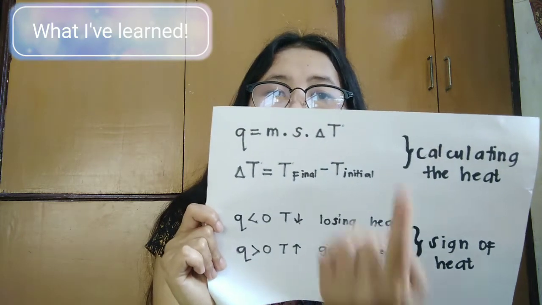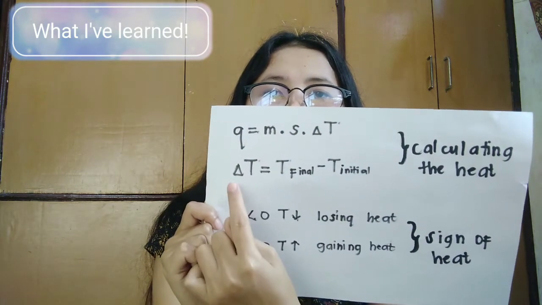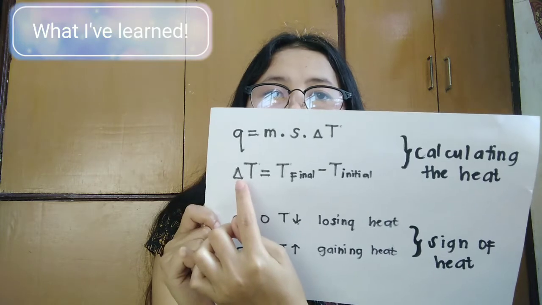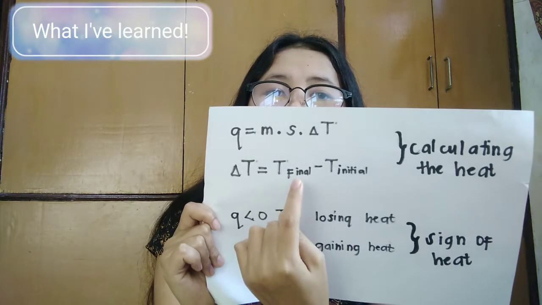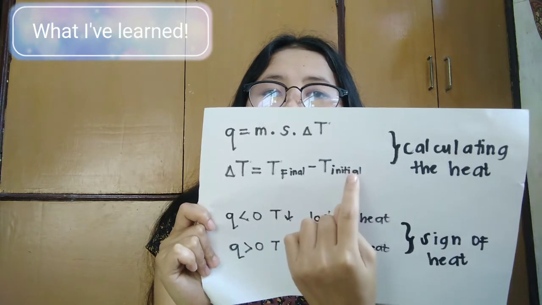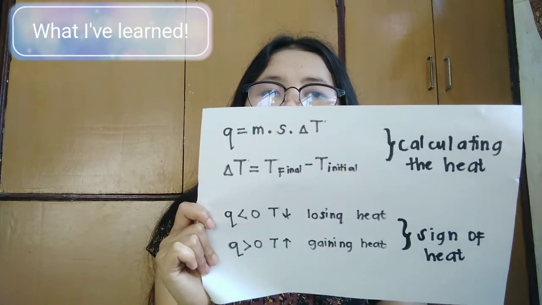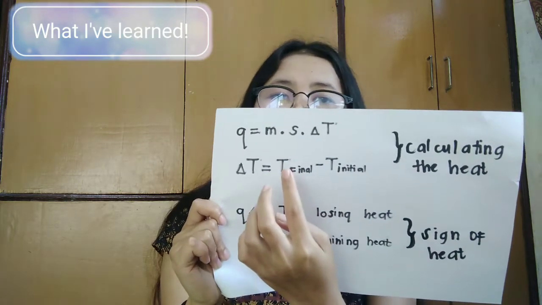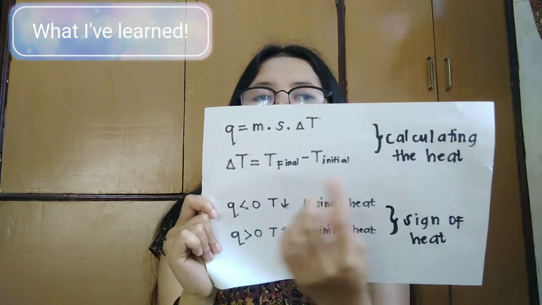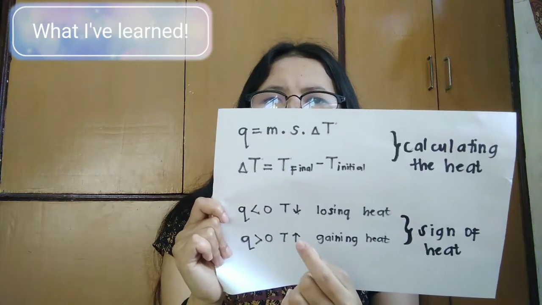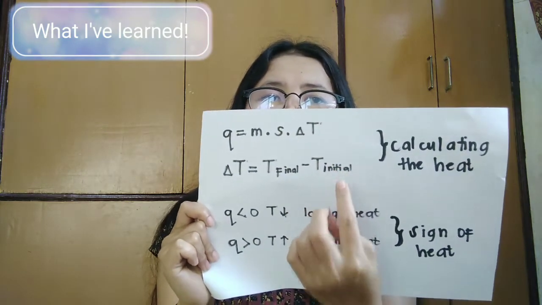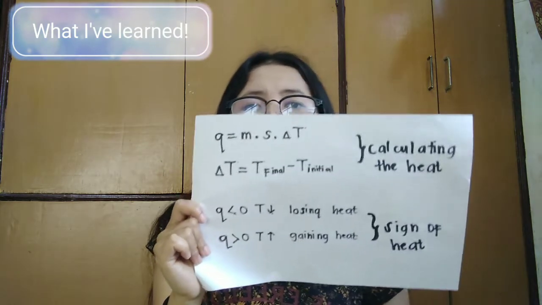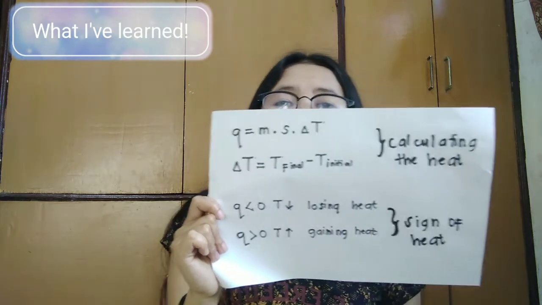In this case, delta T is always defined as the final temperature minus the initial temperature of the substance. The final temperature is where it arrived after absorbing or losing heat, while the initial temperature is where it started before it gained or lost heat.